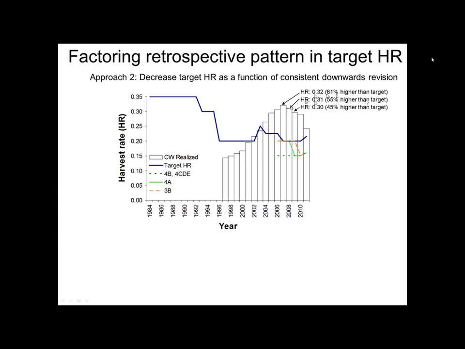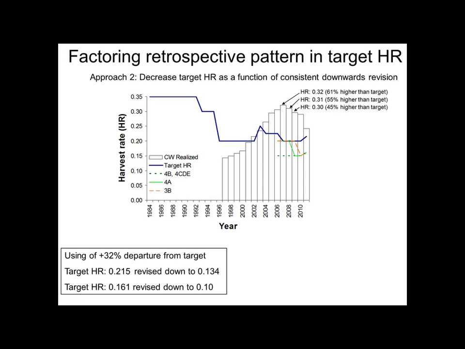These are other, more recent years, as I mentioned. So we can use a working value of 32% departure from the target, and again revise down those target harvest rates, coming back to values around 0.13 for the areas now using 0.315, and 0.10 for areas with a target of 0.661.